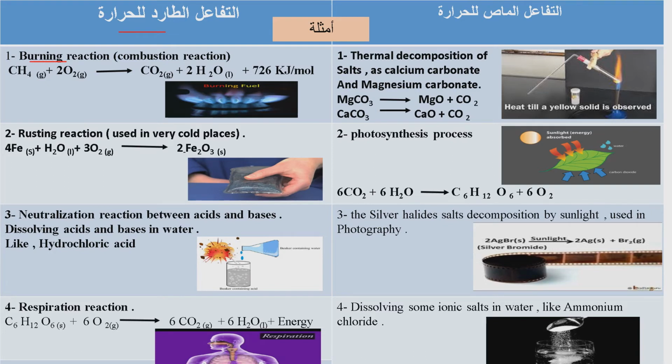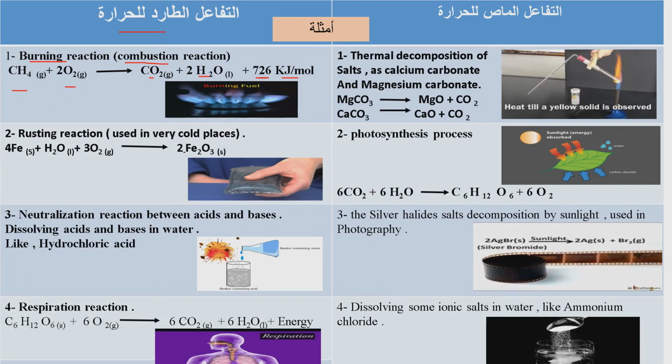In the combustion of methane, CH4 reacts with oxygen to form carbon dioxide plus water. The amount of energy produced from the reaction is 726 kJ per mole. In the next video, we will learn how to calculate the energy of a chemical reaction. So any burning reaction is an exothermic reaction.